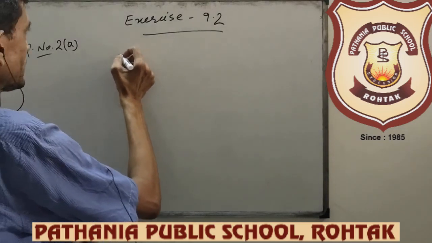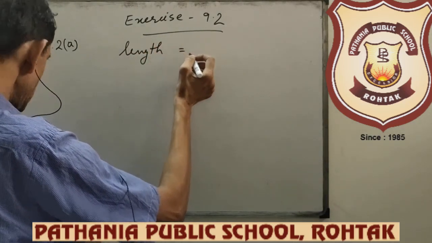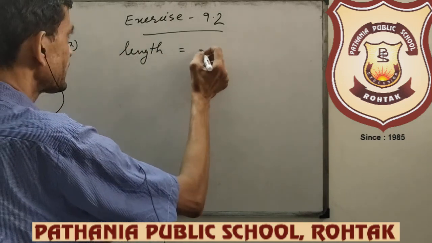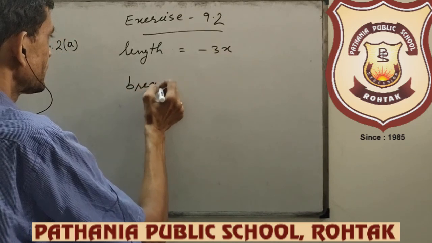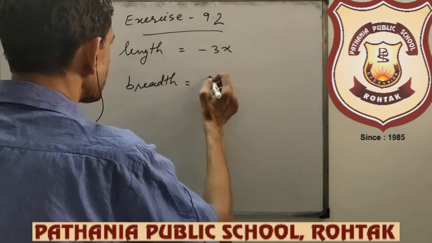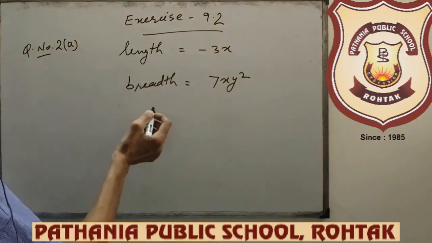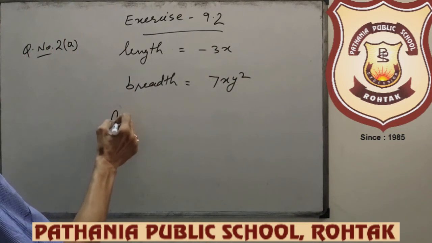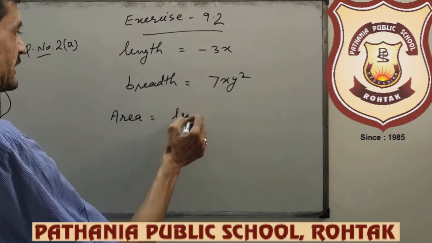Possible length is minus 3x, and breadth is 7xy square. Then area is equal to what? Area is length into breadth.